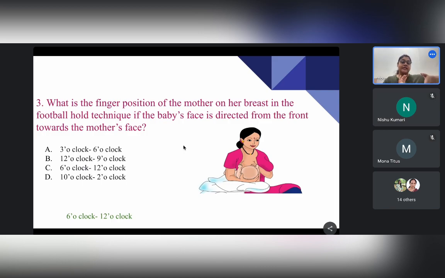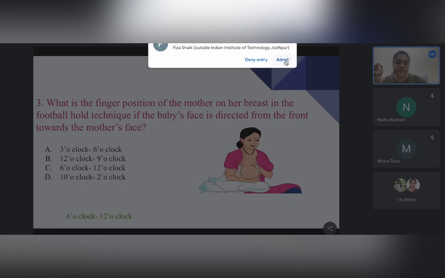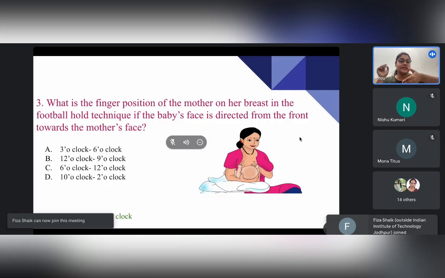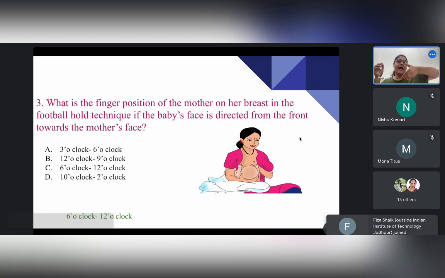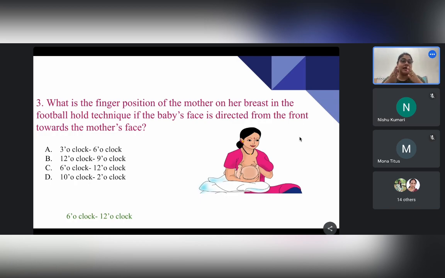So if the breast needs to be contoured from the side, that needs to be in a 6 o'clock and a 12 o'clock position, where the thumb and the other fingers will be at a 6 o'clock and a 12 o'clock position to contour the breast as the baby is positioned, right?